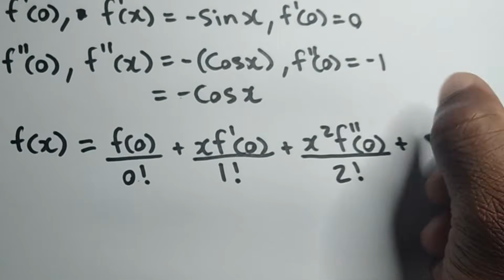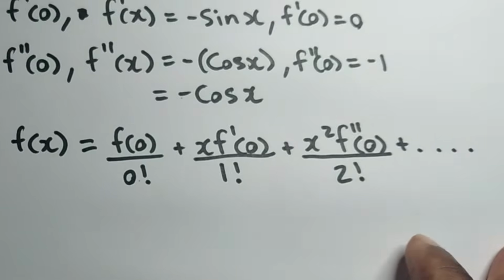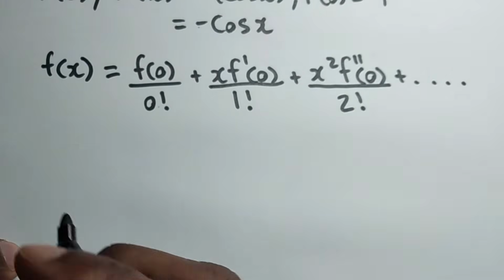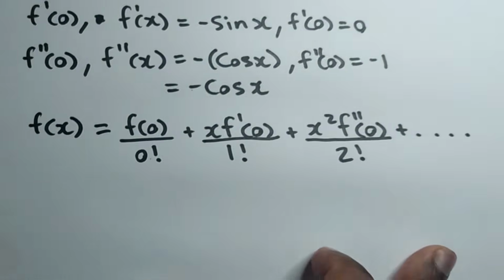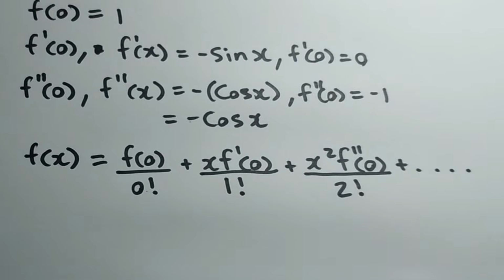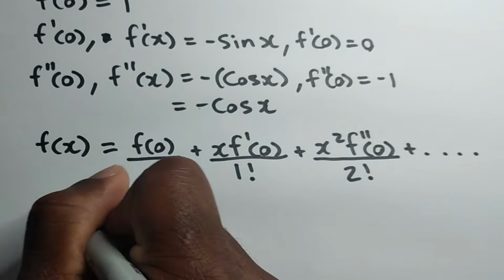And again, we can do many iterations of this thing, all right? So how do we plug in these values now? Again, we do the same thing as the previous example. So we have our f of x.